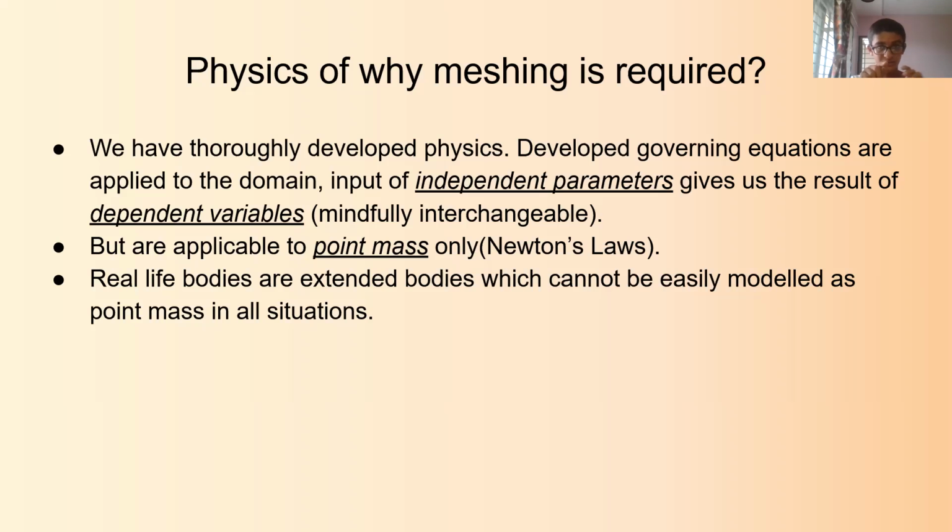In that case, the point mass is not going to appropriately define that extended body. Or if I take some bottle kind of thing, then the actual geometry and the concentrated mass or center of mass are not going to match easily. In that case, we cannot easily transform those extended bodies into point mass, and at that point of time the concept of meshing is required.